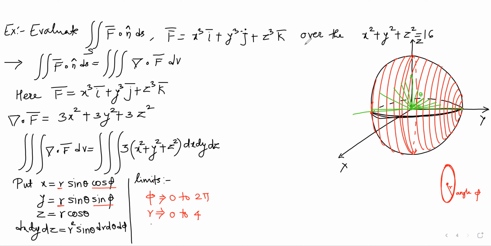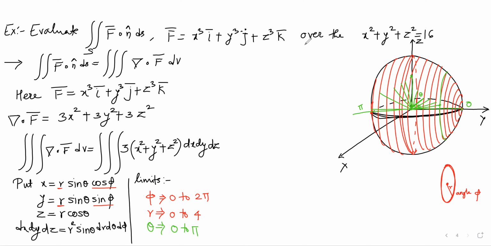When it comes to 0, it covers this circle; when it comes to this point, it covers this circle. So theta will take the value from 0 to pi.